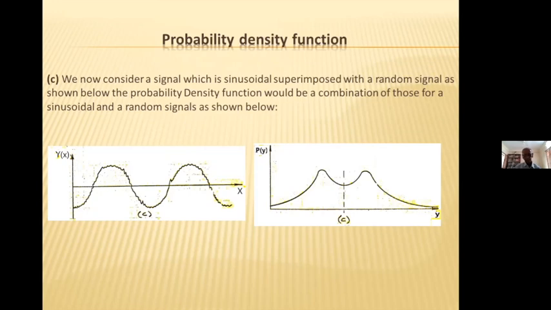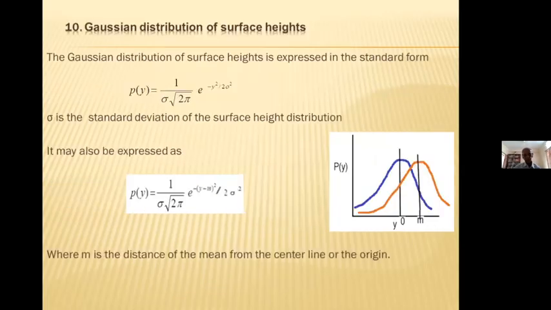Now, we look at the probability density function of Gaussian distribution, as we have said, is given by 1 by sigma root 2 pi e to the power minus y square by 2 sigma square. This is true if it is a zero mean. That means if it is around the zero, the mean, about the mean.